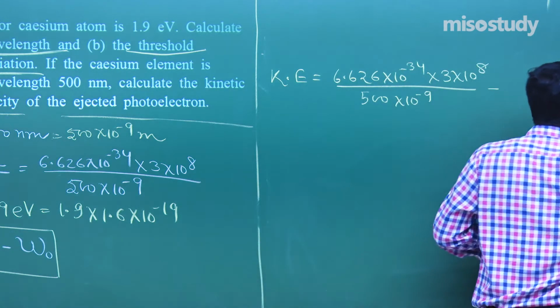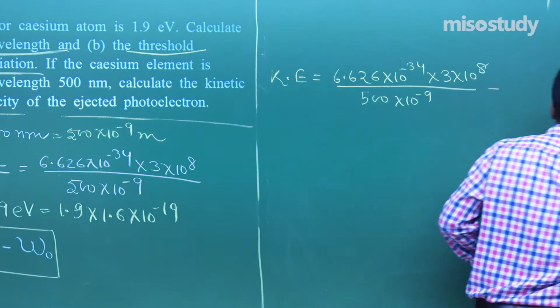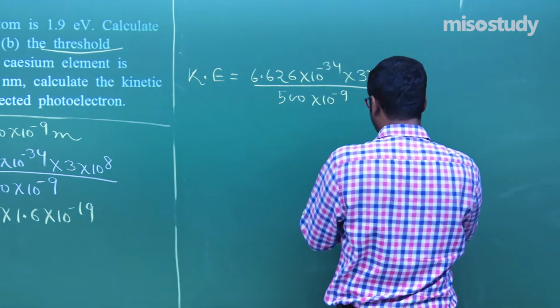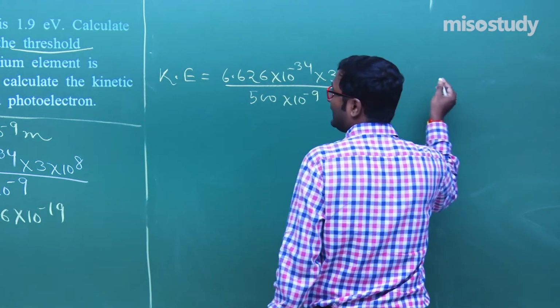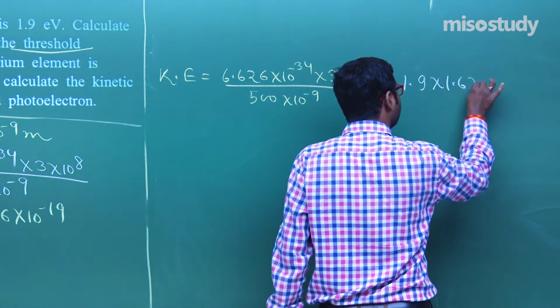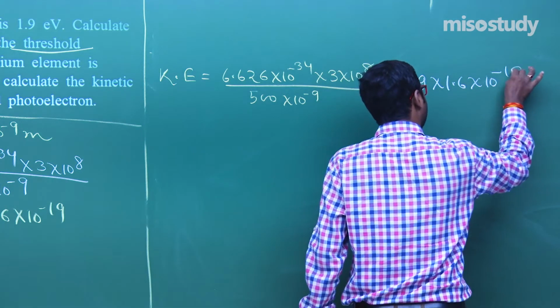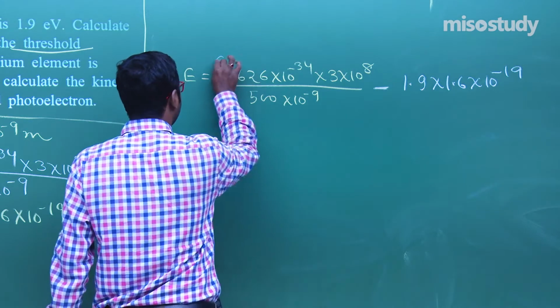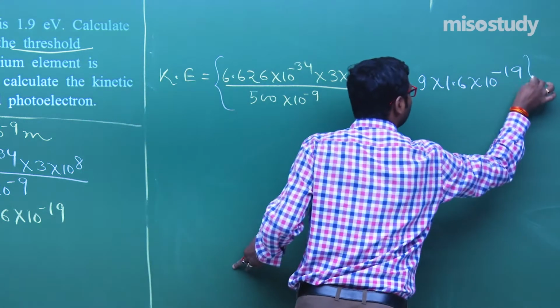What is the value of W naught? Wait for a moment, friend. The value of W naught is, put here minus sign, 1.9 into 1.6 into 10 to the power minus 19. If you solve, you will get the value of kinetic energy.